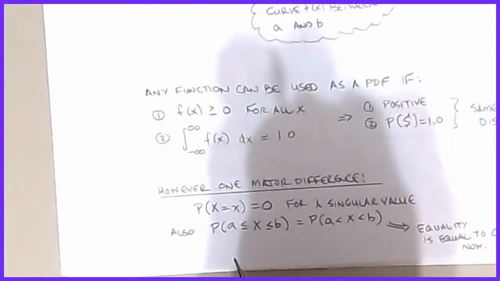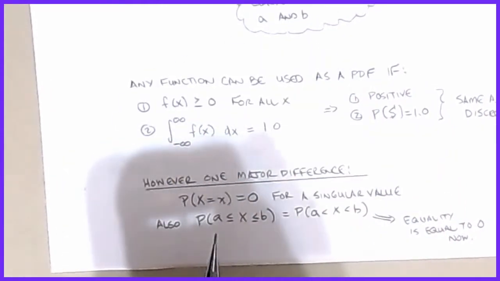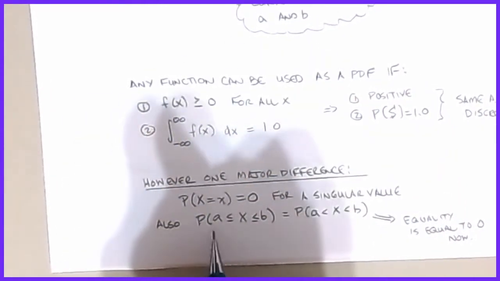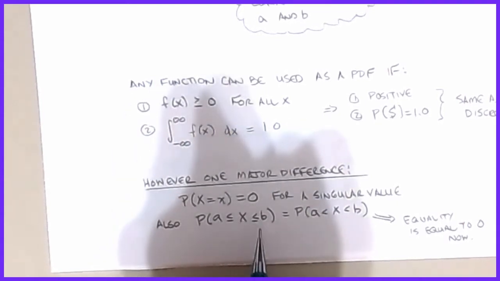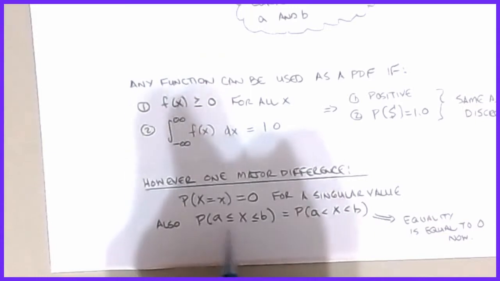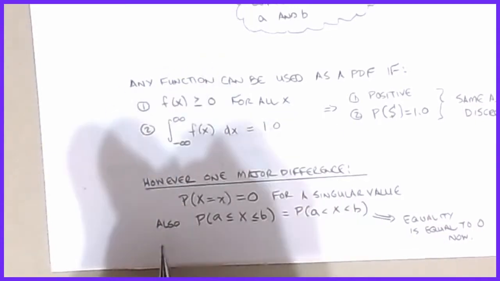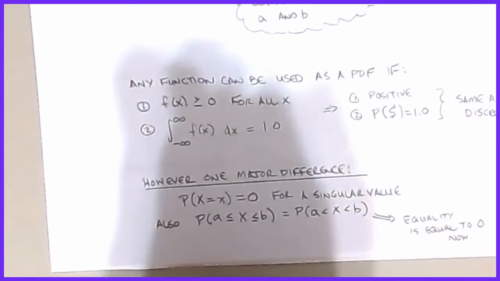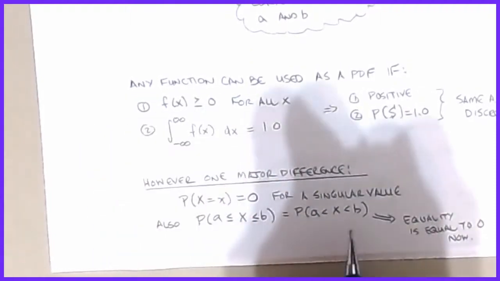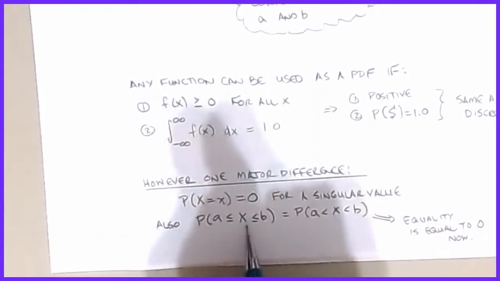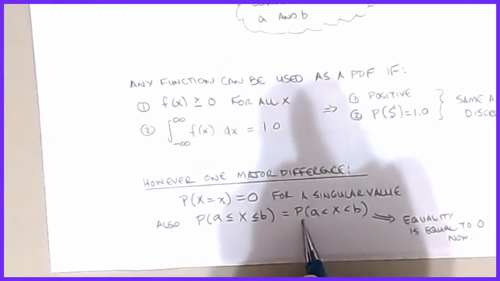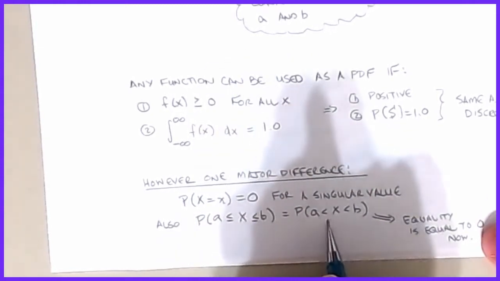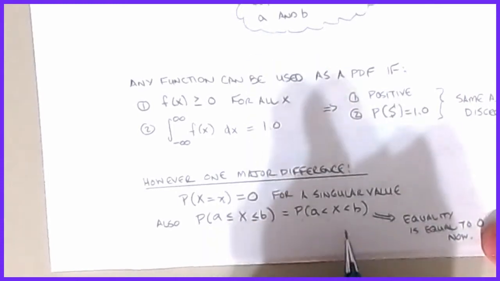But it has a very important effect on continuous calculations. Before, we were worried about less than or equal to x, or greater than or equal to some value. We were worried about the greater thans and the equals: at least, at most, more than, all of those kinds of problems. Now in continuous, I don't care anymore. The probability that x is greater than or equal to a and less than or equal to b is the probability of a less than x less than b.